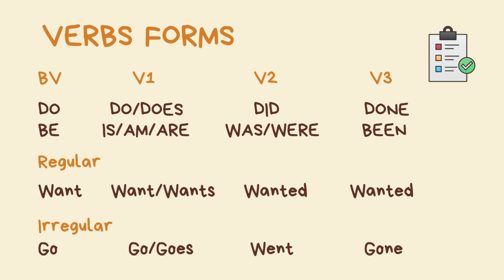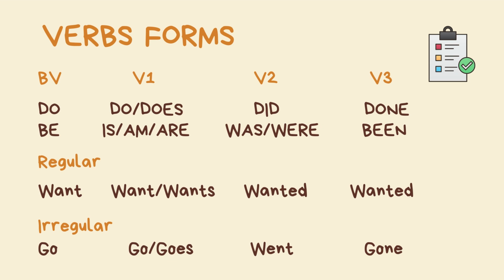You need to pay attention to regular and irregular verbs. For regular verbs, it's easy to compose verb 2, or the past verb, because you just need to add ed. For irregular verbs, you have to memorize them yourself. You need to read more about irregular verbs, because the forms are not regular.